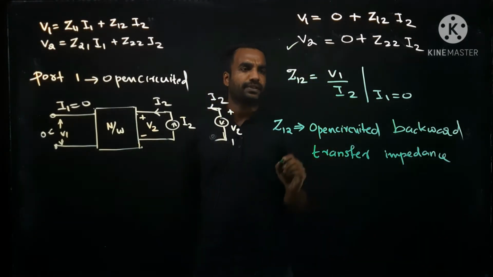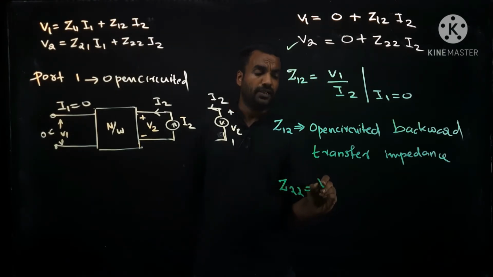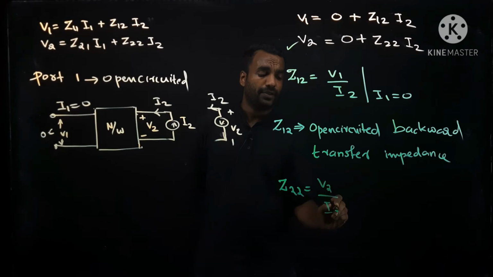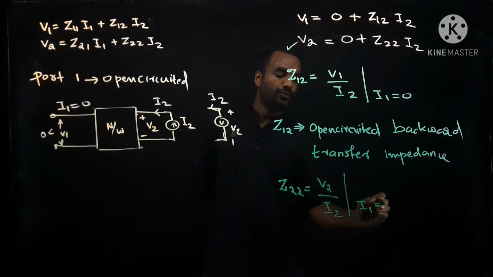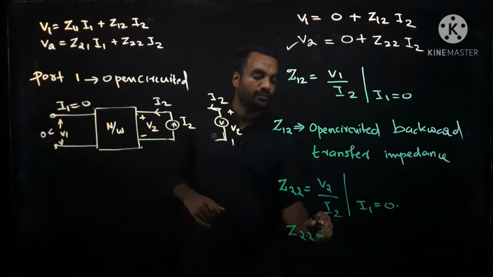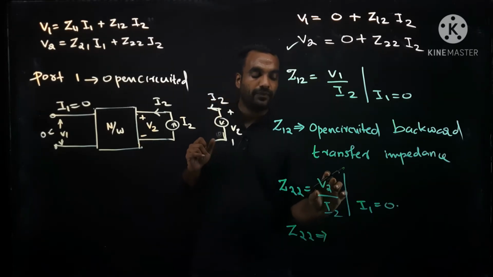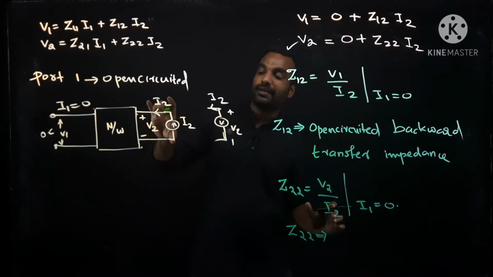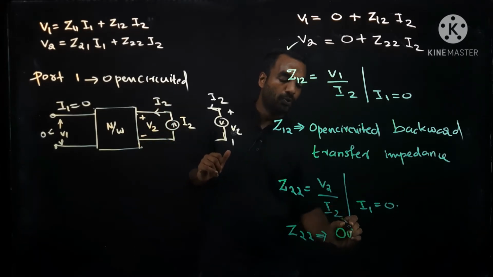Now from this equation I can write Z22 is equal to V2 by I2 at, what is the condition? I1 should be equal to 0. And what is the name of Z22? Don't get confused, it is only relating V2 and I2. So it purely represents the impedance of the secondary side, or output impedance.